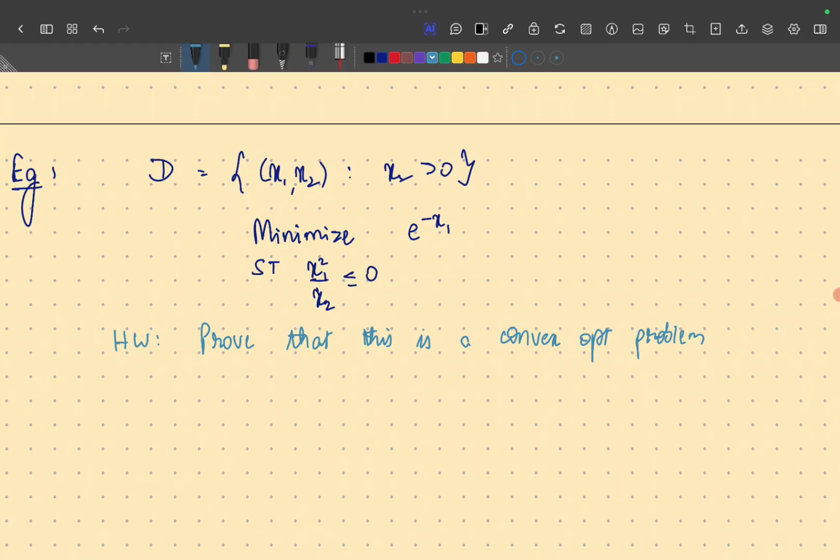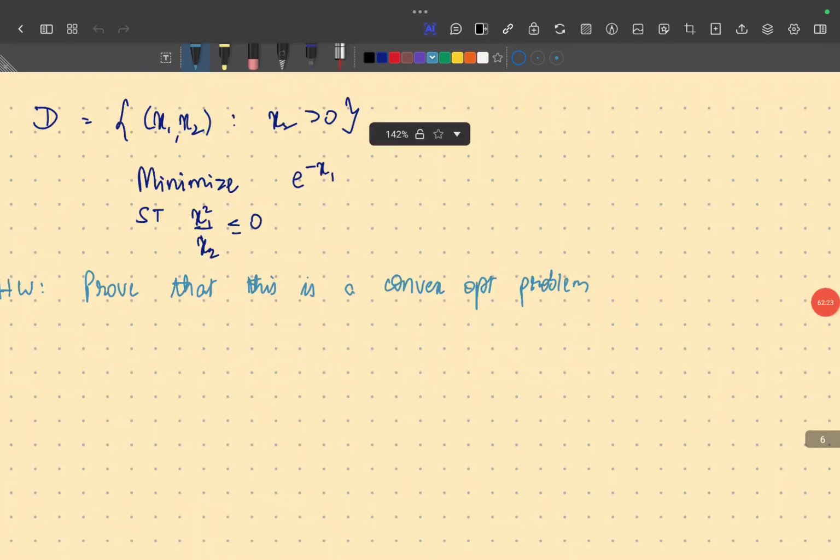Okay. So what values can x1 take if it has to satisfy the constraints? You can only take the value 0. And x2 can be anything that is greater than 0. It seems kind of artificial over here, because the objective function depends only on x1, and this x2 is introduced to force x1 to take only one value.